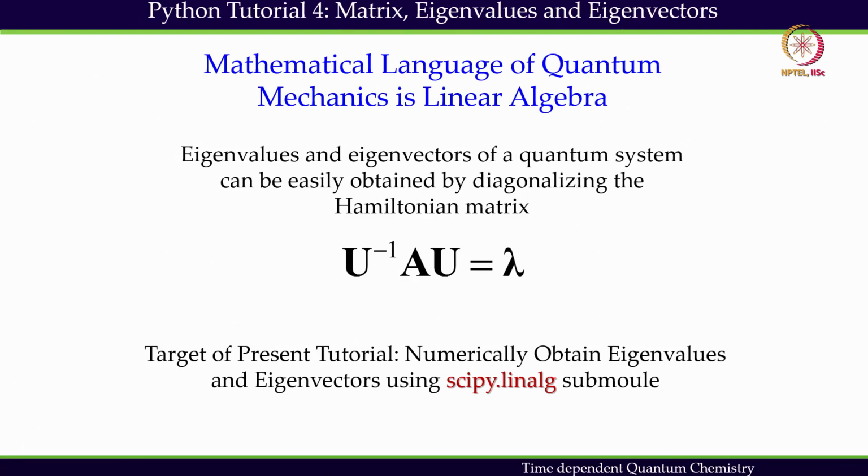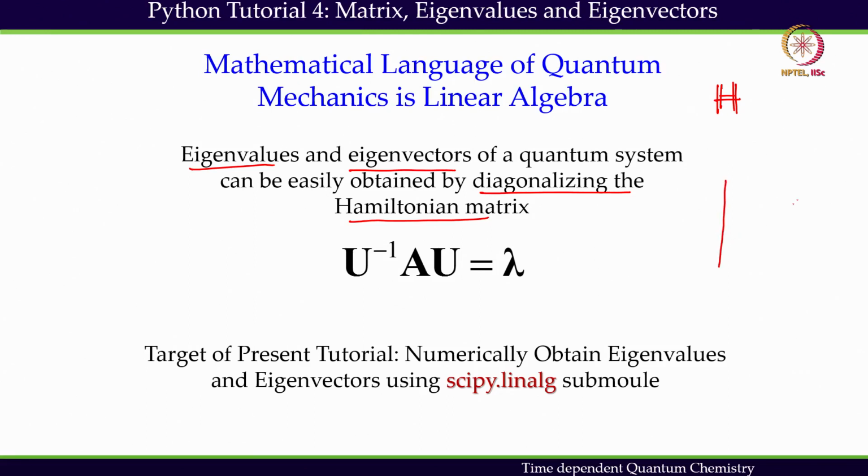we can diagonalize the Hamiltonian matrix to obtain the eigenvalues and eigenvectors. And eigenvalues and eigenvectors are the spectrum of the quantum system.